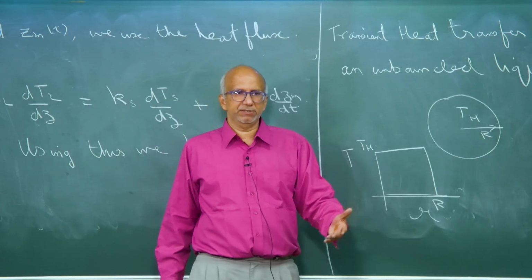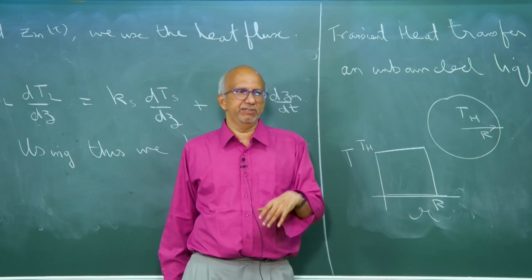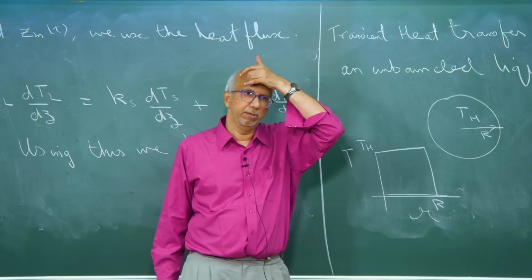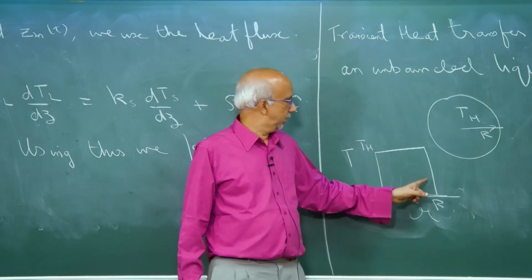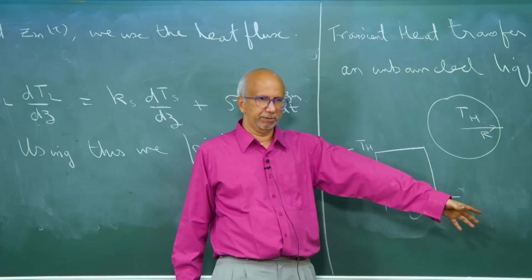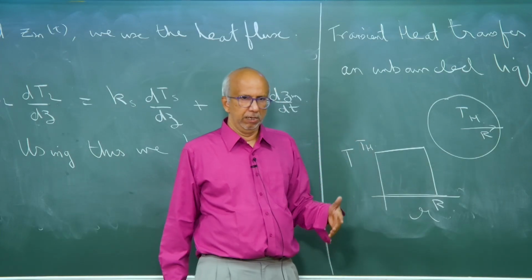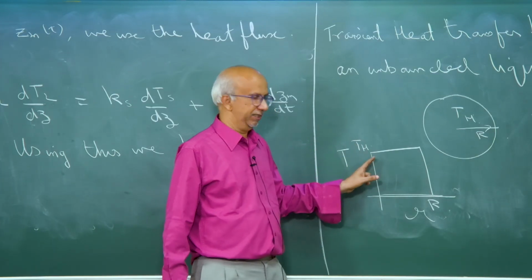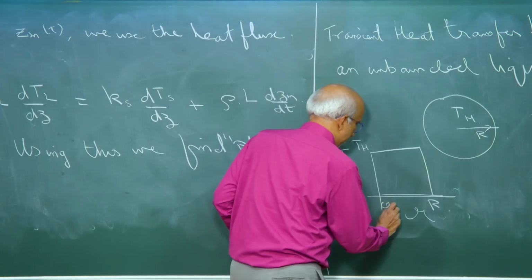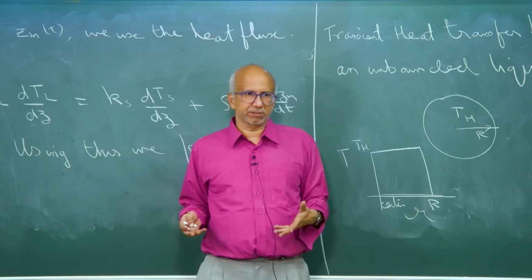As time progresses, if I want to ask you to sketch how does the temperature change inside my sphere, the portion near the ambient is the one which is going to cool down first, correct, because this is the center of the sphere, this is in the center. So, that is going to cool down last.